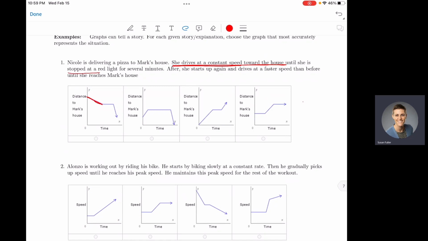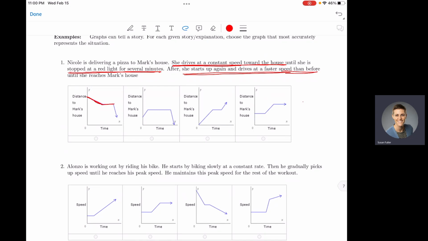And she's stopped at a red light for several minutes. So as she's stopped at a red light for several minutes, what's happening to the distance to Mark's house? Well, as time's passing, she's not getting any closer, which is why this is flat. The distance to Mark's house stays exactly the same. And then after that, she starts up again and drives at a faster speed than before.